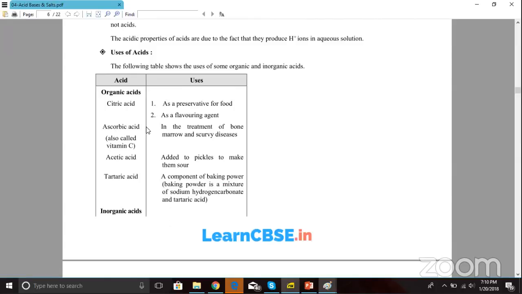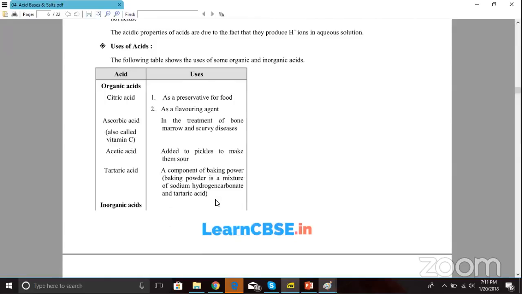Ascorbic acid is also called vitamin C, used in the treatment of bone marrow problems and scurvy. Next one is acetic acid, added to pickles to make them sour. Tartaric acid is a component of baking powder. Baking powder is nothing but a mixture of sodium hydrogen carbonate and tartaric acid.